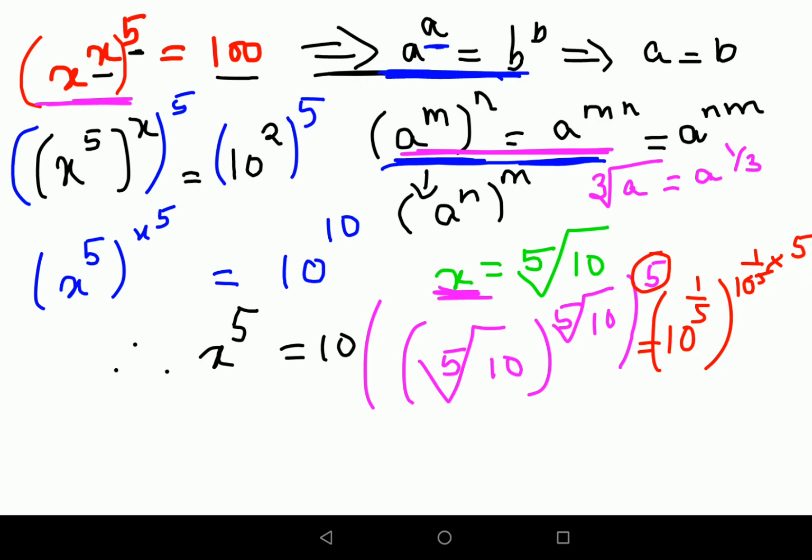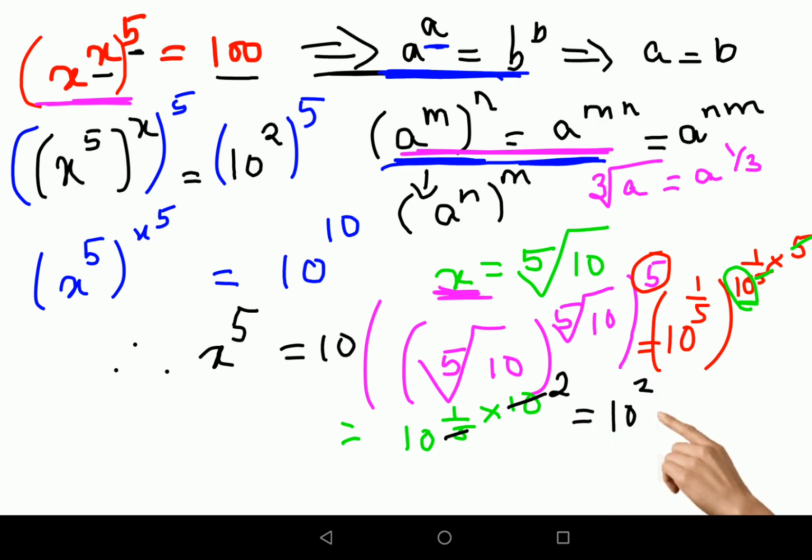So this 1 upon 5 and 5 are getting cancelled. You are now left with 10 raised to 1 upon 5 into 10, because 10 is left with the power of 1. Now this 5 and this 5 are getting cancelled and you get just 2. So this comes out to be 10 square, and that, my dear friends, is 100, and that is your RHS. I hope you all got the hang of how to do these kinds of sums.